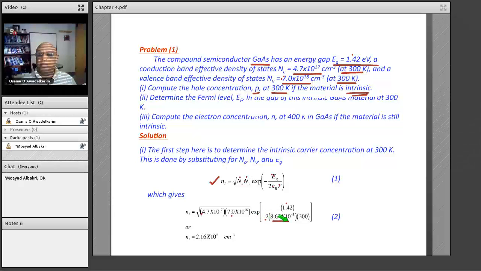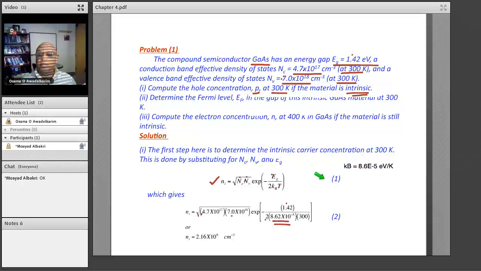kB, the Boltzmann constant, is 8.6 times 10 to the minus 5 electron volt per Kelvin. Why did we choose that?